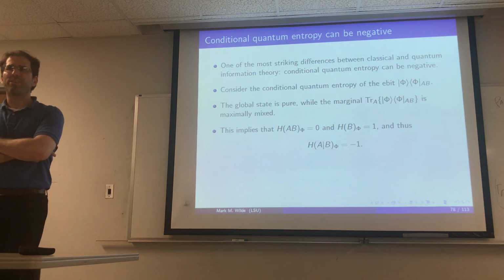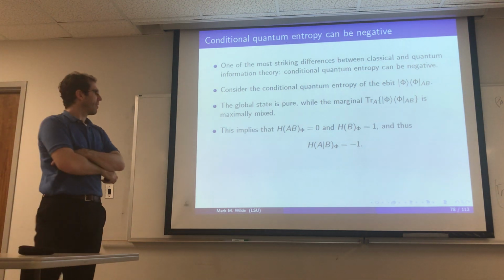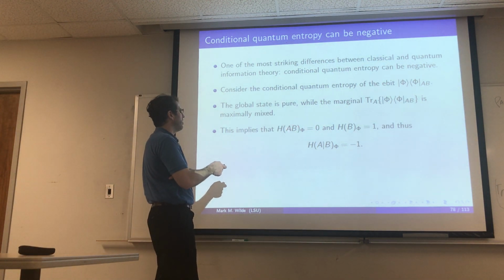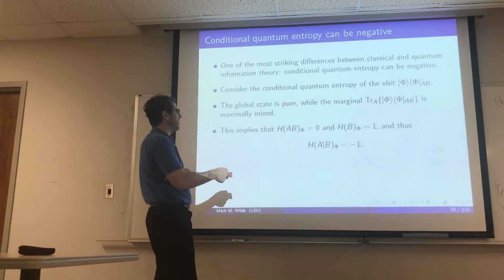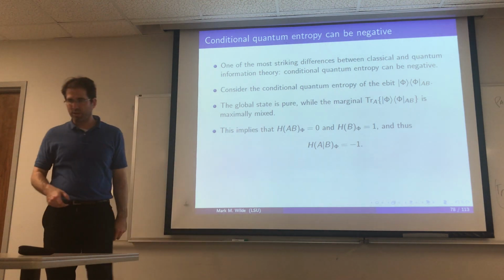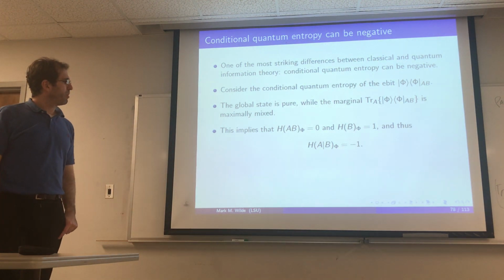That's a big difference between classical and quantum. And then when you do the conditional entropy calculation, it's this one minus this one, that's negative. That's in fact the smallest value of the conditional entropy for a qubit for Alice and anything else for Bob.